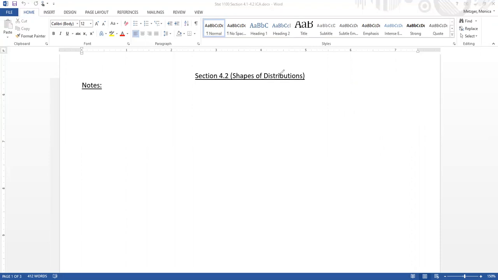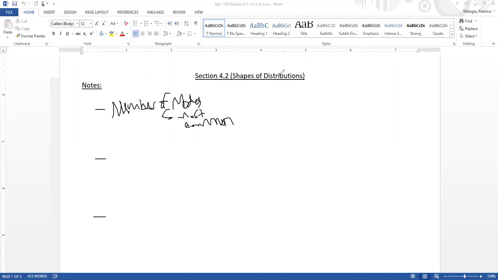So in shapes of distributions, the shape can be determined by 3 different characteristics of the data set. So we can talk about the number of modes, and remember that the mode is the most common occurring value.